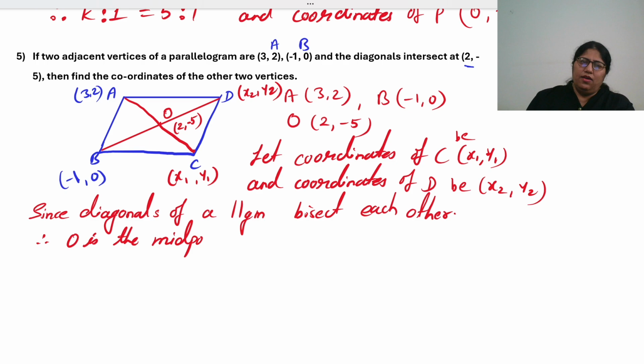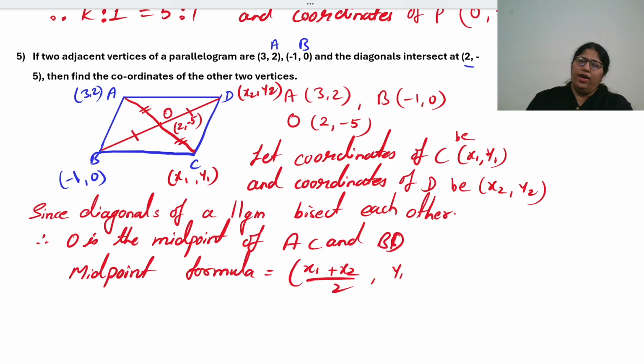Now we are not going to use the distance formula, we are going to use the midpoint formula. OA is equal to OC, right? So what will be the coordinates of O using the midpoint of AC? The midpoint formula is x1 plus x2 by 2 comma y1 plus y2 by 2.